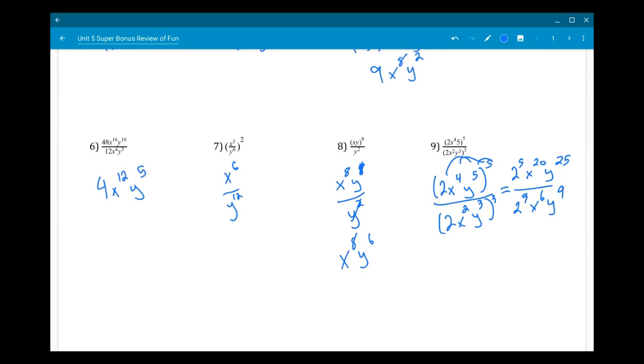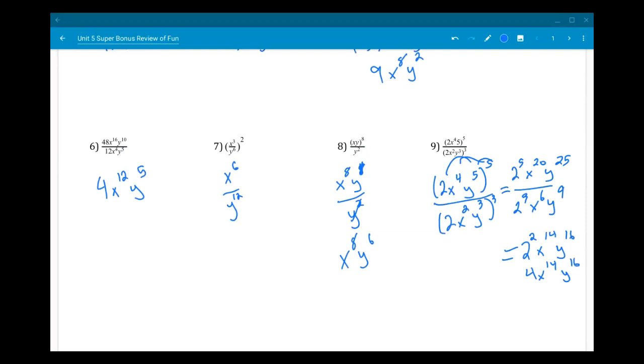Notice how I didn't multiply 2 and 5. I wrote 2 to the 5th because, again, anytime you're distributing an exponent, it should just go to the exponents. Now you can just do exponent subtraction. So I'll get 2 squared. I'll get x to the 14th. And I'll get y to the 16th. So I get 4x to the 14th and y to the 16th.